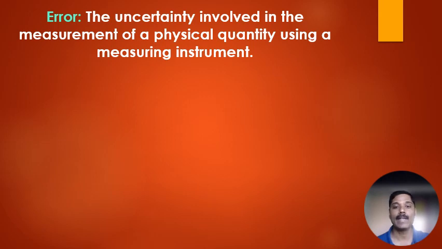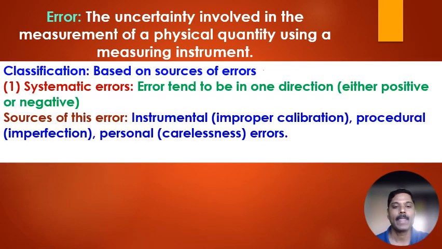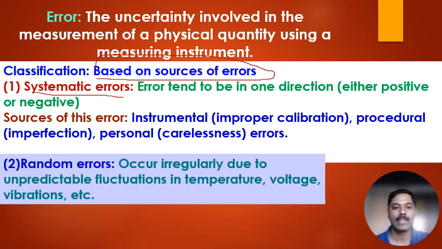Then what is error? Error is the uncertainty involved in the measurement of a physical quantity using an instrument. And this error is classified into two types based on sources of errors. One is known as systematic errors, the other one is the random errors.